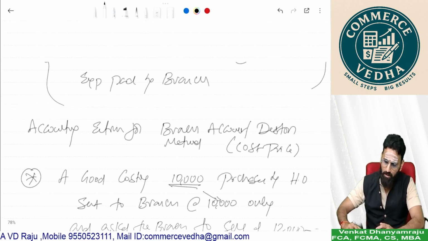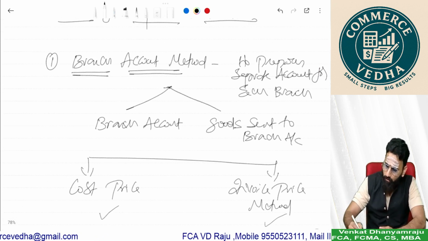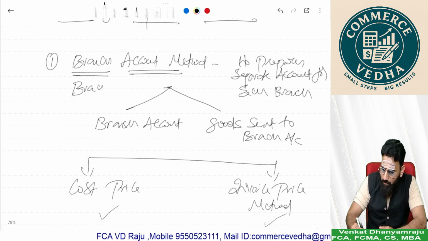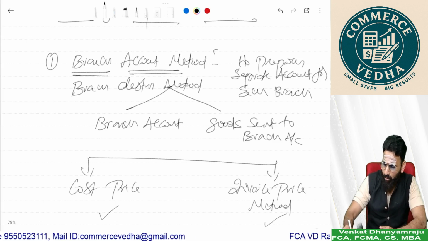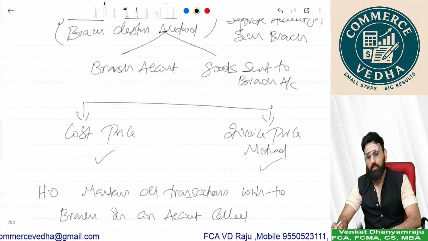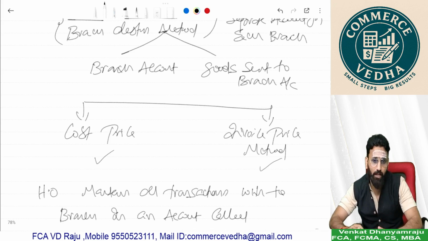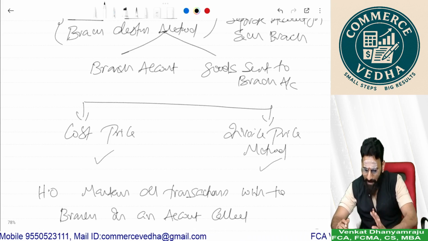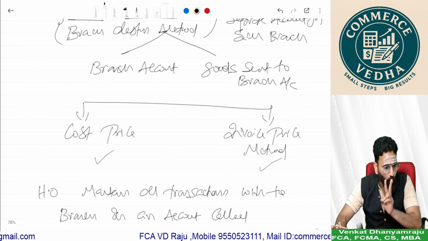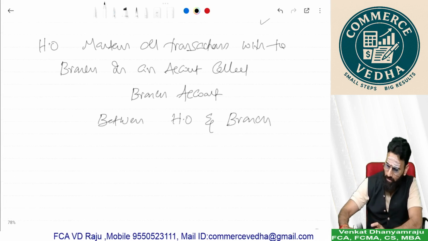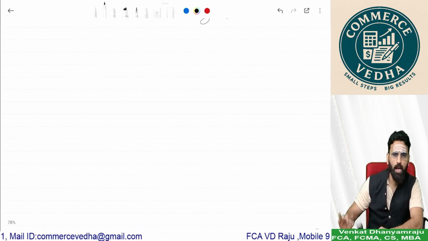That is the challenge in the first method, which is called the branch account method, or we can say the branch debtors method. Both are the same. Under this method, as I told you, branch accounts are maintained at head office level. Only one major account called branch account, and one more account called goods sent to branch account. Only two accounts shall be maintained at head office for each and every branch. Now see how it happens.